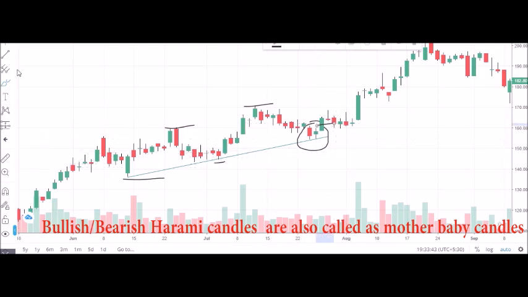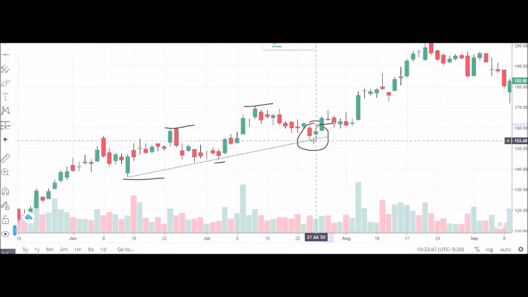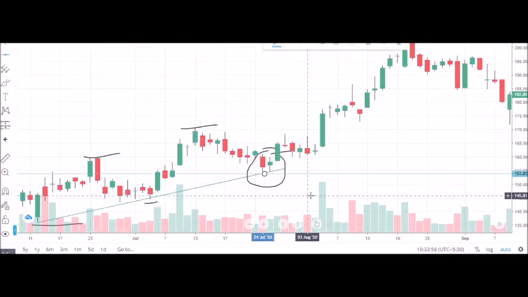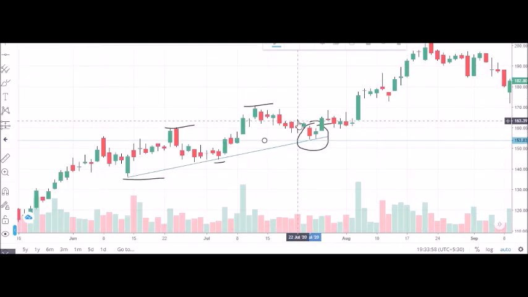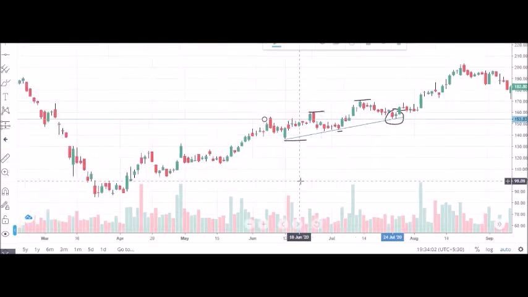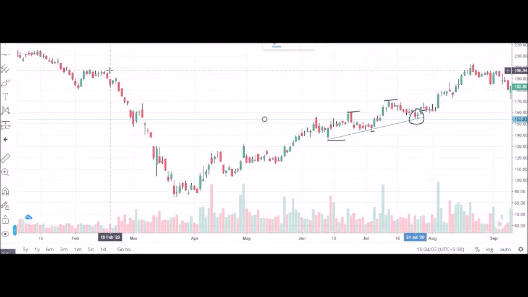Now our stop loss will be just below this red candle, that is the previous candle. Again, it's always better to keep a small buffer. Then our target is the previous swing high. Now where is that? See, here we get this target, so we can keep this.